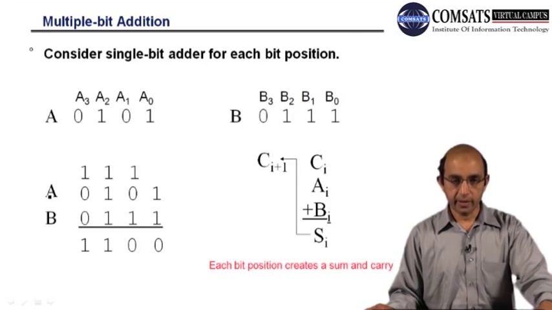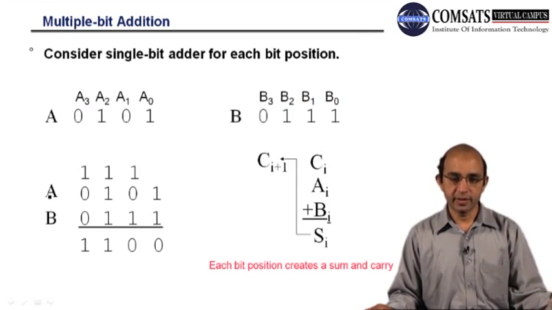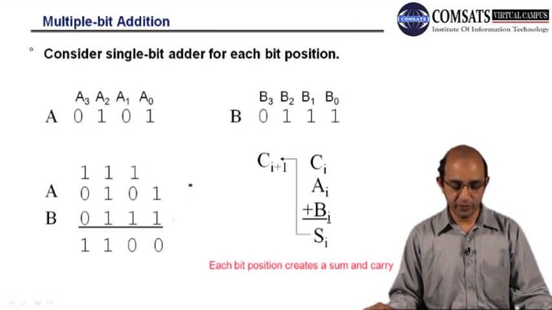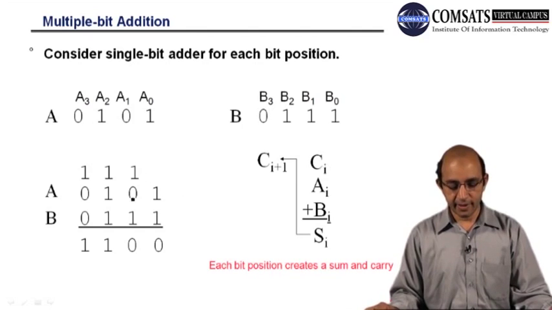If we talk about the addition on a piece of paper, what do we normally do? Because we have already learned about binary addition, we will place those 2 numbers in this way, A and B, and then we will start the addition bit by bit. So here 1 1, we will get 0, and the carry will move here.